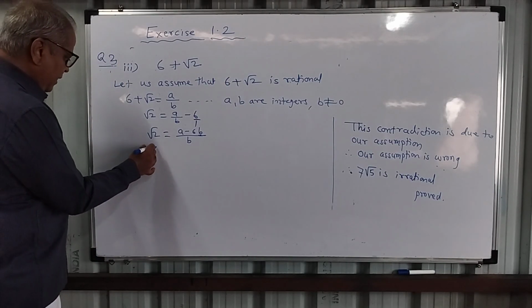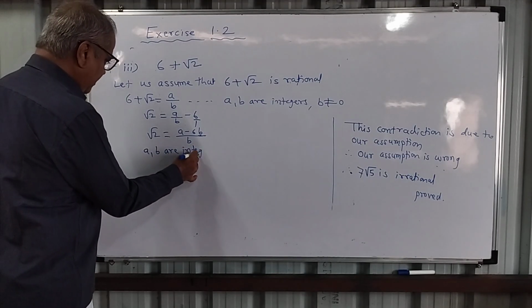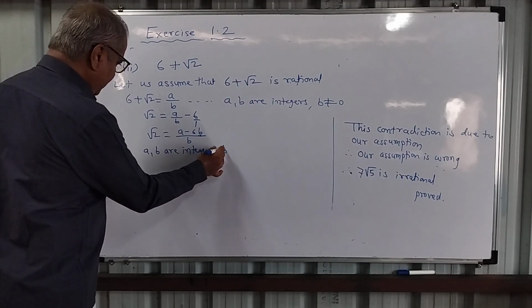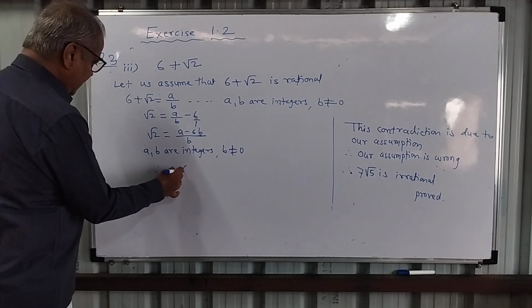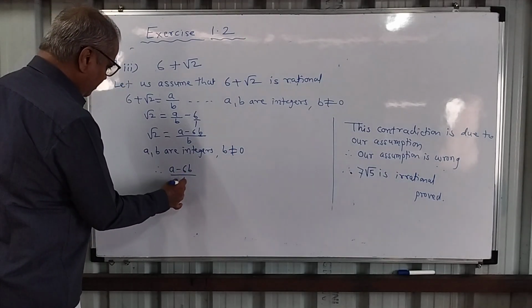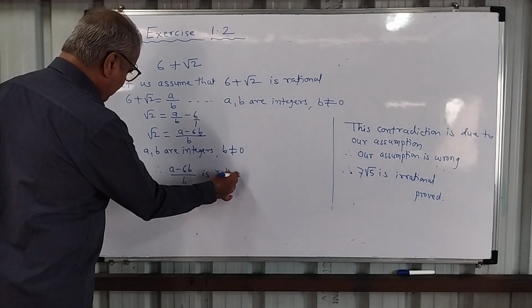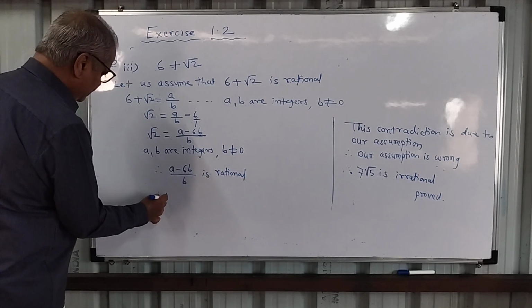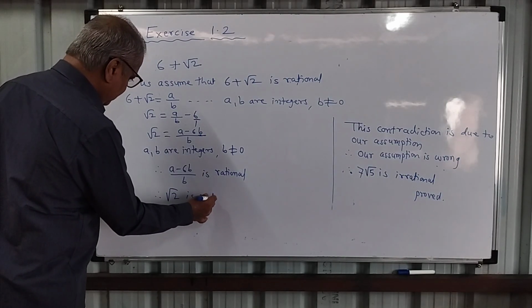So, a comma b are integers, b not equal to 0. Therefore, a minus 6b upon b is rational. Therefore, root 2 is rational.